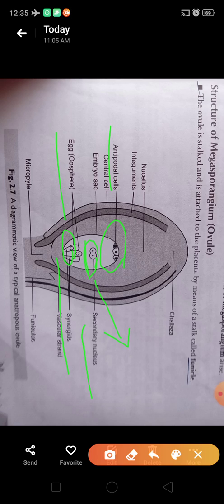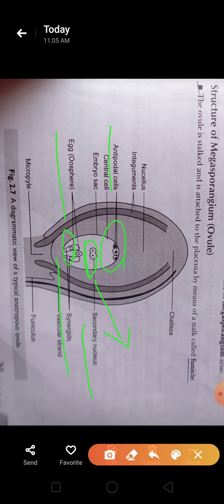So in angiosperms two fusions take place: one male gamete plus two polar nuclei, and second, one male gamete with one egg cell. Due to this dynamic process, angiosperms have double fertilization.